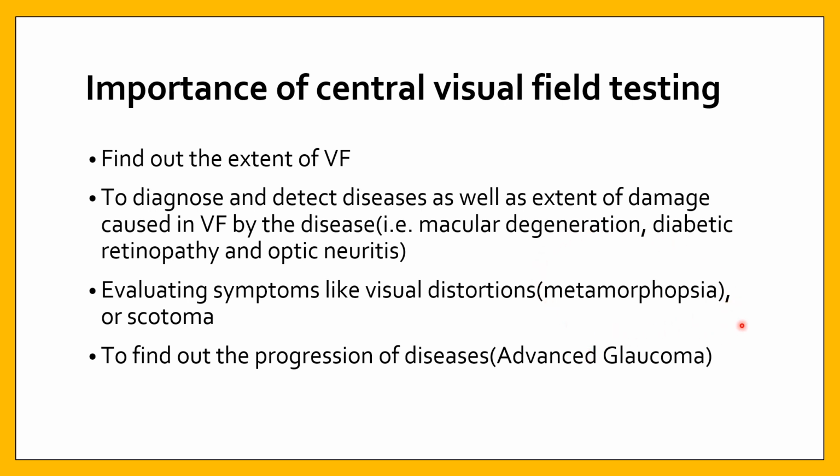Metamorphopsia will be discussed later in the topic of Amsler grid also. It is also used for scotoma, and to find out the progression of disease in the case of advanced glaucoma.